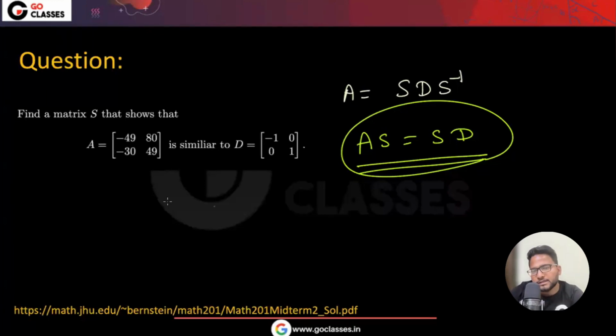Maybe I can give you a little hint, which is that you can assume S to be the matrix with entries a, b, c, d.